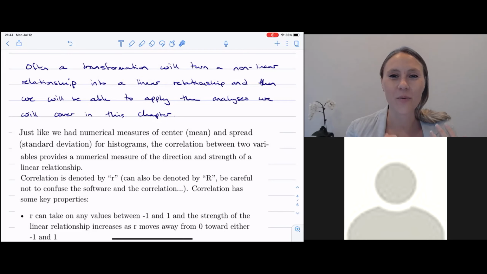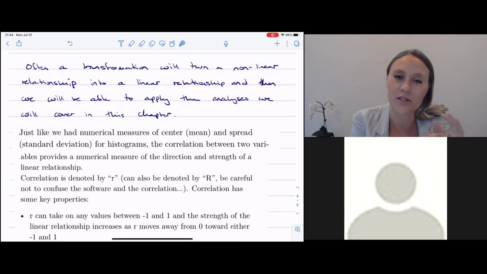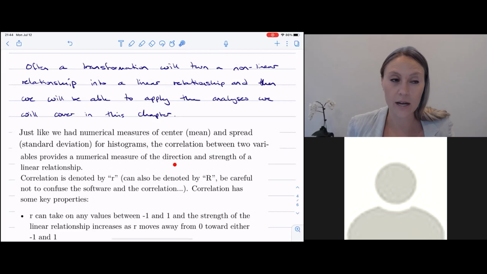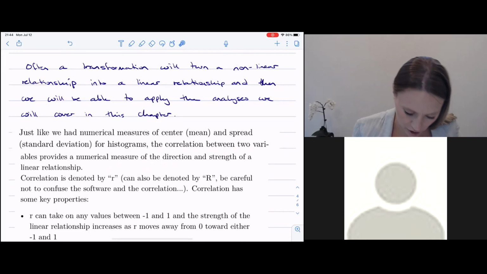But then we developed numerical measures for the center, which is the mean or the median, depending on the shape, and for the spread, which was either the standard deviation or the interquartile range, again depending on the shape. In a very similar way, the correlation between two variables provides a numerical measure of the direction and strength of a linear relationship.